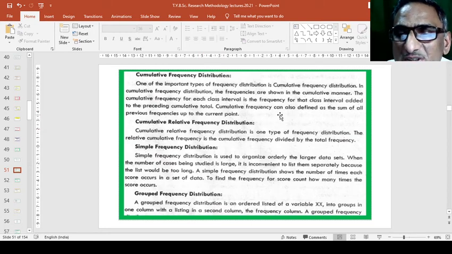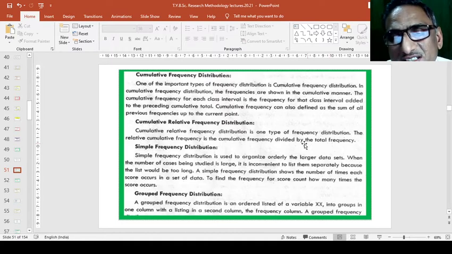The cumulative frequency can also be defined as the sum of all previous frequencies up to the current point. The relative cumulative frequency is the cumulative frequency divided by the total frequency.